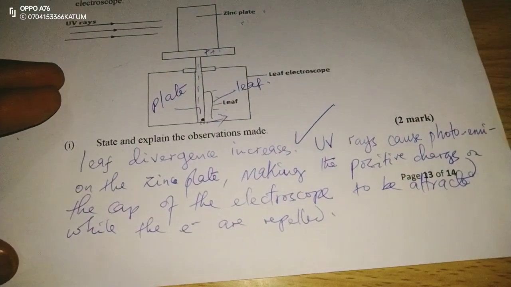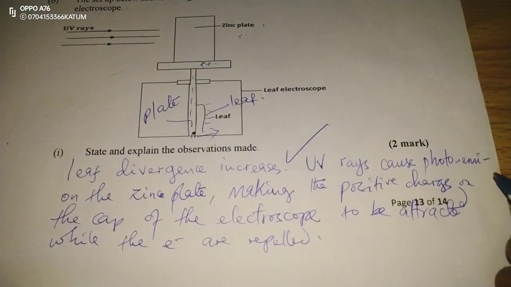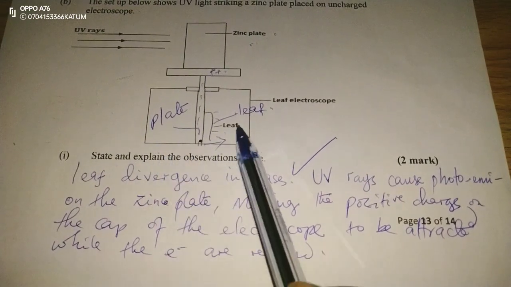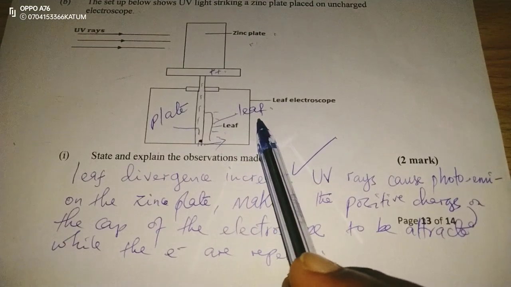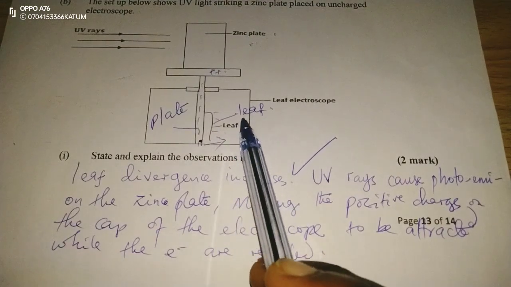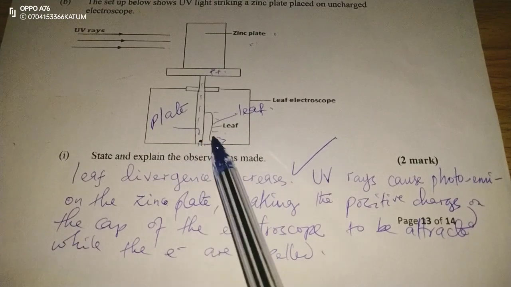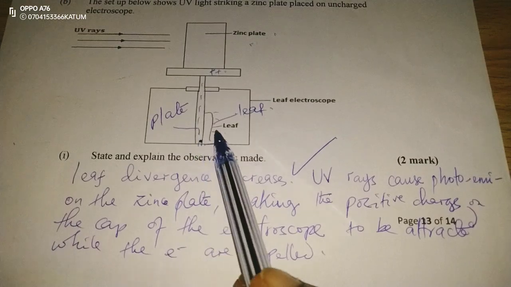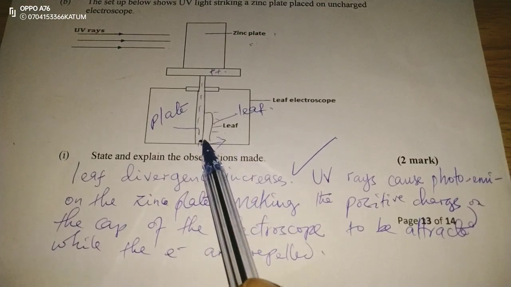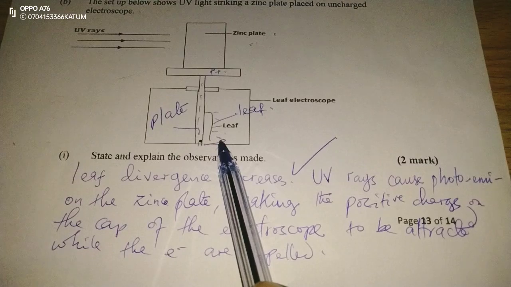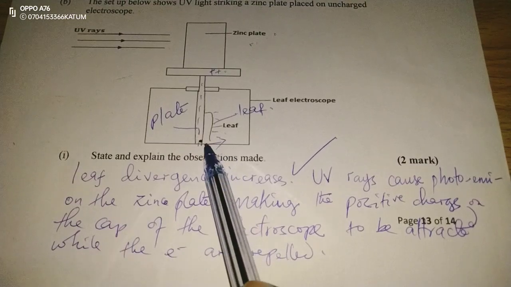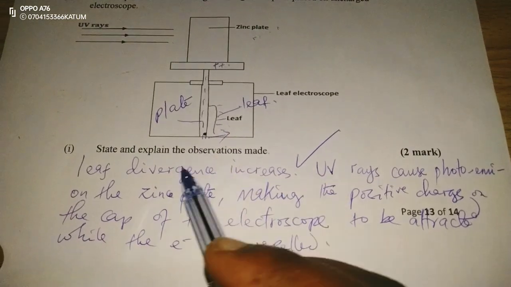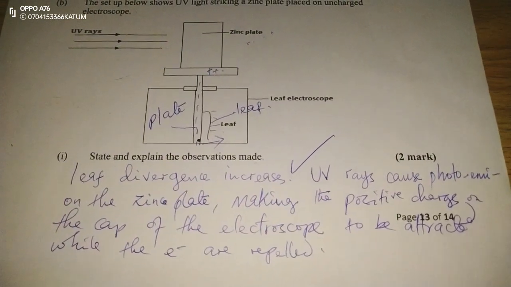After repelling the electrons, they will distribute themselves onto the plate and also onto the leaf. That will make the leaf diverge more from the plate, because we will have similar charges on the plate and on the leaf, and we expect a repulsion. So a repulsion between the plate and the leaf is what will cause an increase in the leaf divergence.